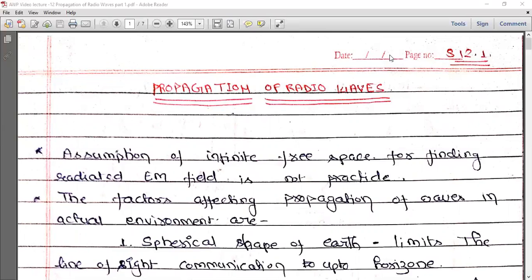when we deal with a practical environment, this is not so. This infinite free space is not always available. And in general, we have the antenna in a bounded medium. There are many limitations imposed by the surrounding on the performance of the antenna. That's why the radiation characteristic of the antenna will not be exactly as we have seen till now.